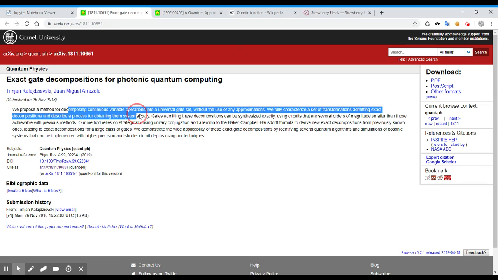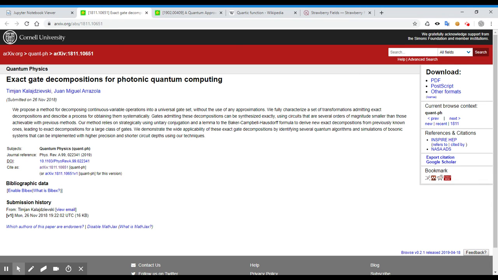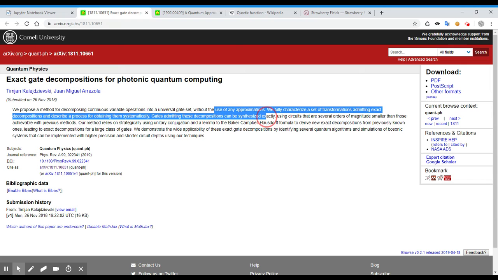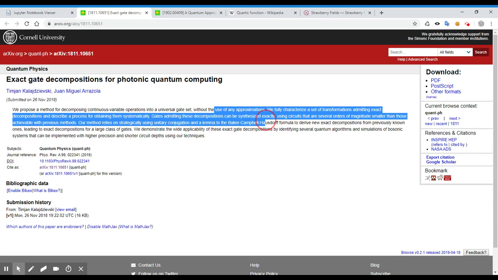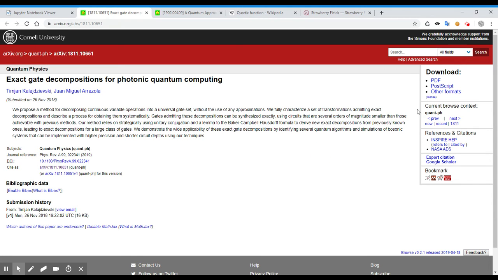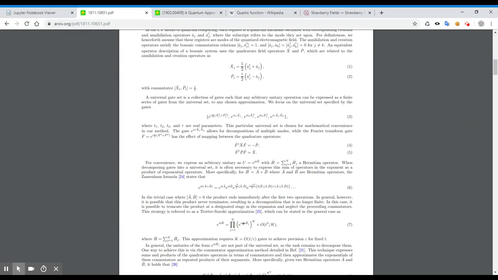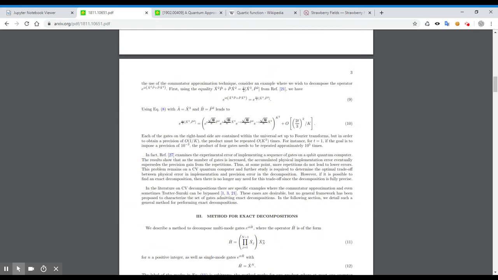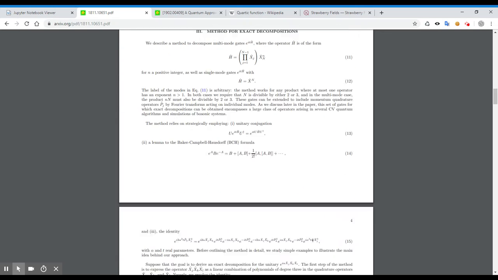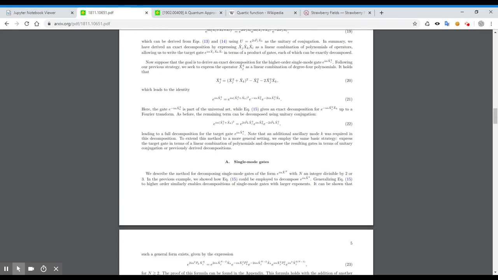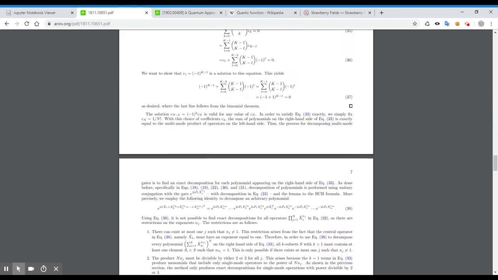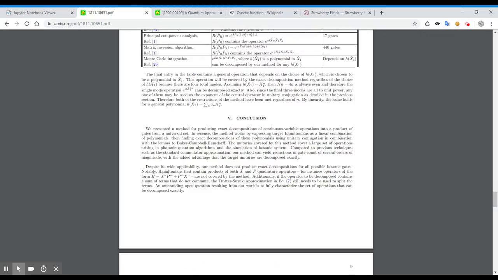They propose a method for decomposing conditional conversion to a universal gate set without the use of any approximations, meaning exact decomposition. It's 11 pages. Exact decomposition, yeah, whatever. That's too technical.